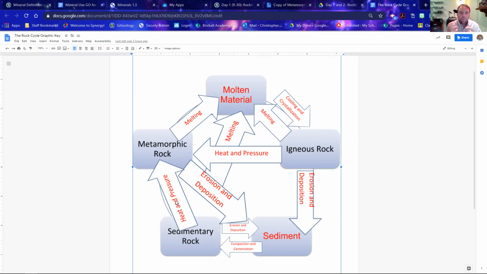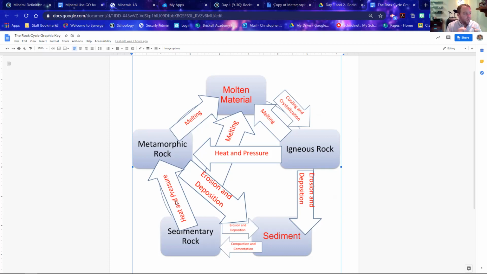Each of those rock types has a way that it's formed: metamorphic through heat and pressure, igneous rocks through the cooling and crystallization of magma or lava, and for sedimentary rock, erosion and deposition of sediment, and then compaction and cementation into a sedimentary rock.